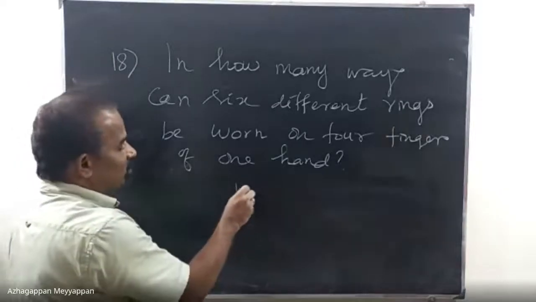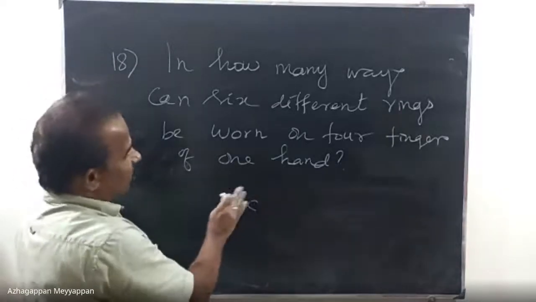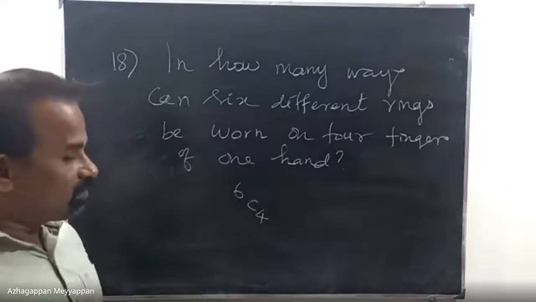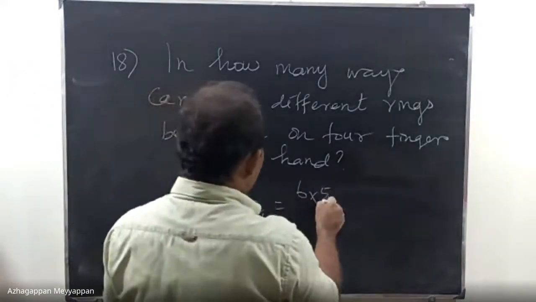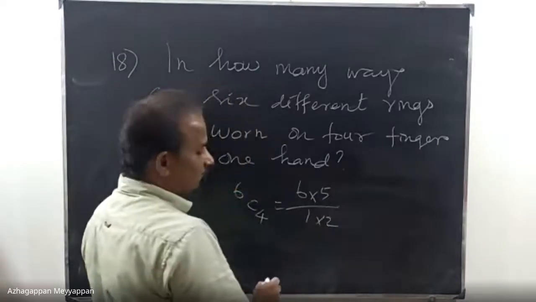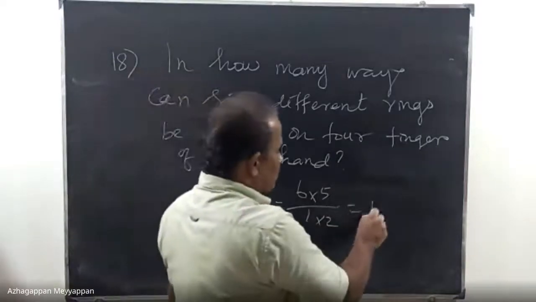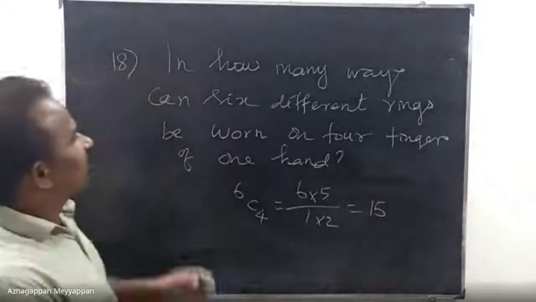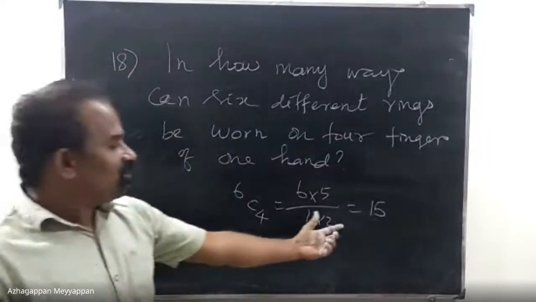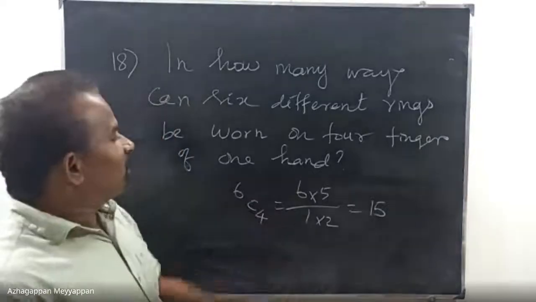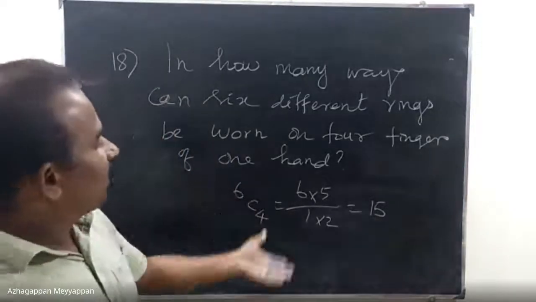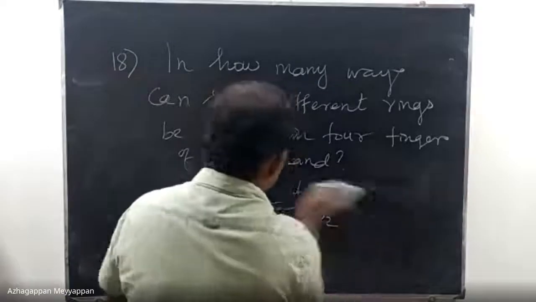Therefore, this is equal to 6C4, which is 6 into 5 by 1 into 2. Therefore, 15 possibilities. So 15 ways we can select these 4 rings out of 6 rings for wearing on our 4 fingers. Okay.